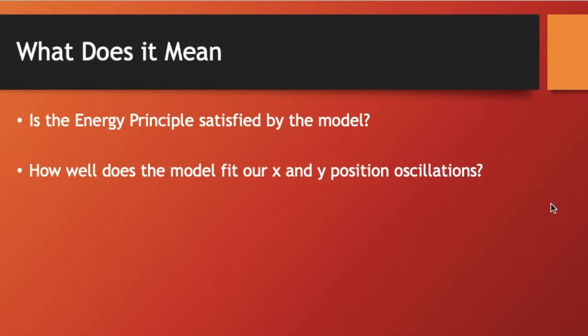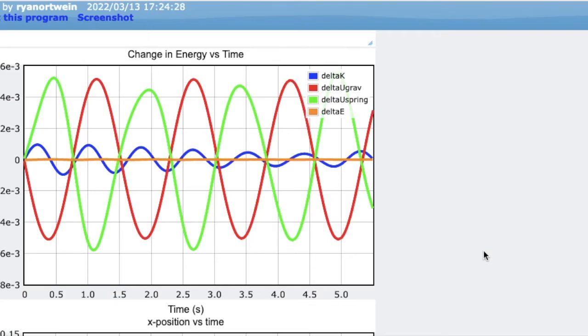We can allow these graphs to run while we take a look at the "what does it mean" questions. The two questions that we have are: is the energy principle satisfied by the model, and how well does our model actually fit our x and y position oscillations? If we look at our change in energy over time graph, we can see that although each of the different kinds of energy, the kinetic and two potential energies, are constantly changing, the total energy of the system never changes.